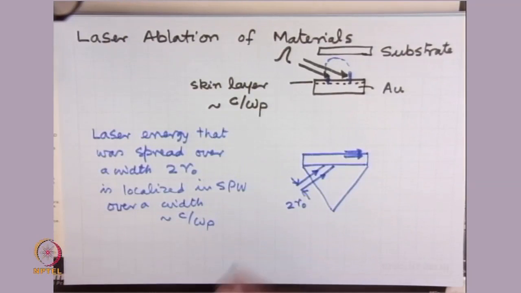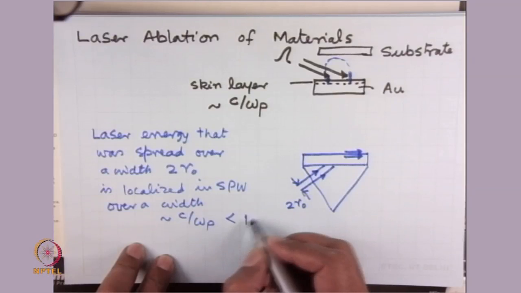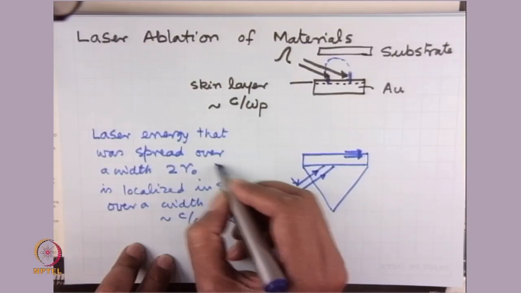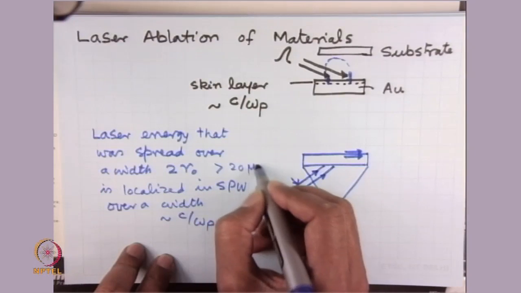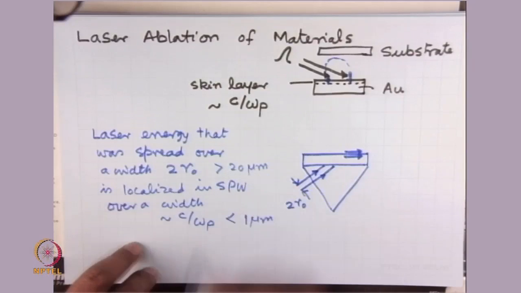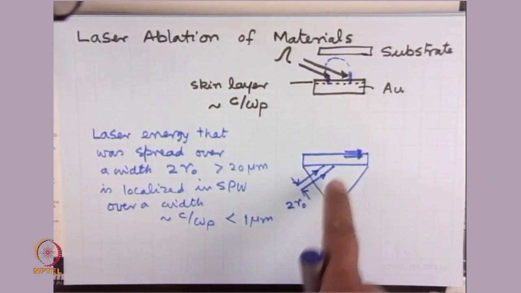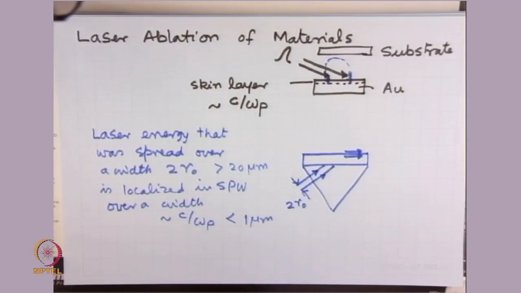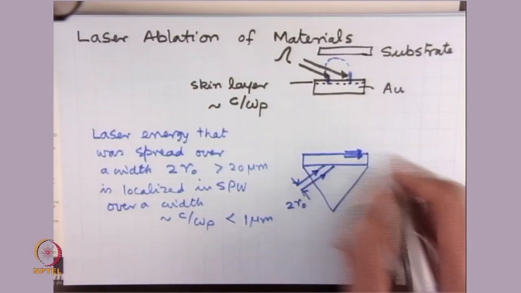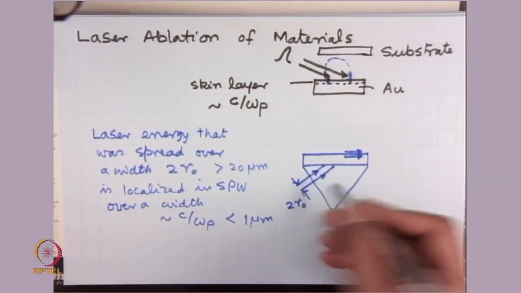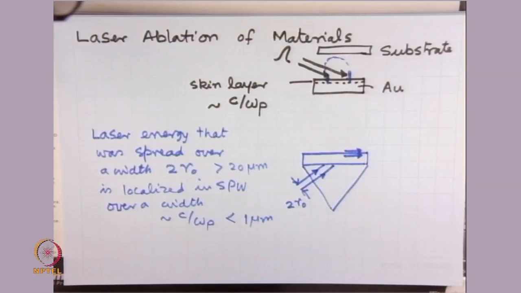This is of the order of less than 1 micron, this is bigger, say 20 micron or maybe 200 micron or something. So there is a sharp reduction in the extent over which the laser energy is localized, and that leads to enhancement in amplitude.